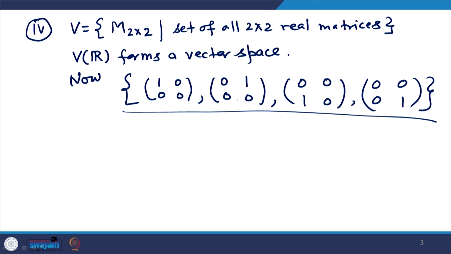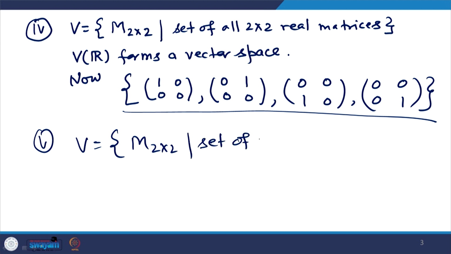If I change this vector space, let us say V equals M2 by 2, the set of all 2 by 2 real symmetric matrices, then what will be the basis? Certainly this set over the field of real numbers will form a vector space.